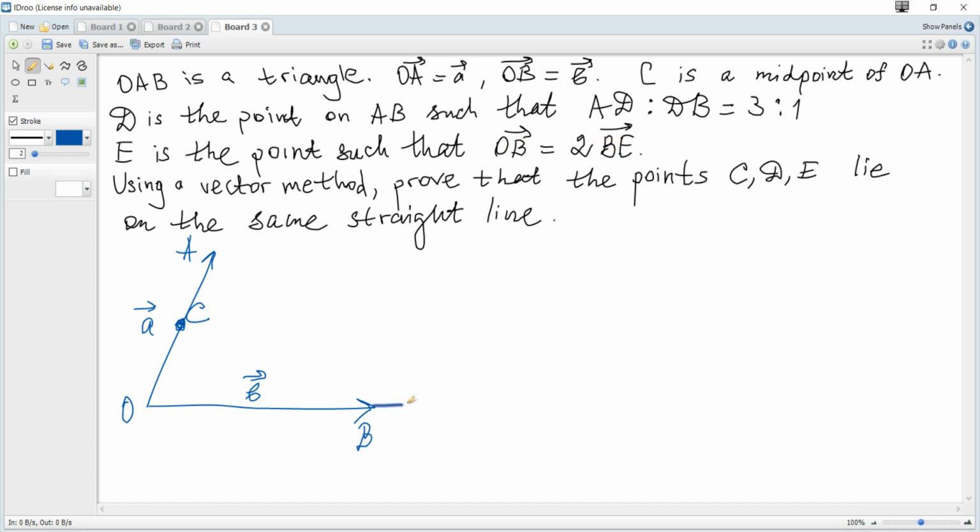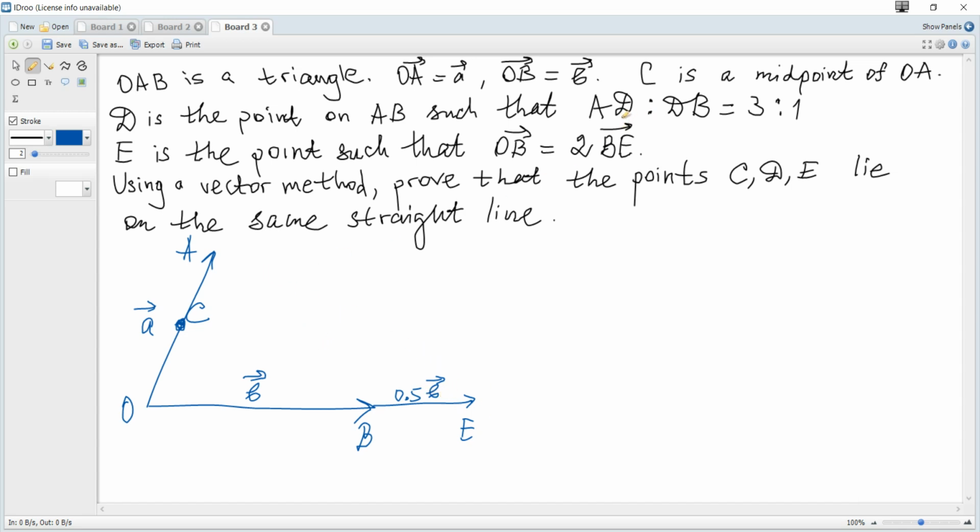So BE looks like this, vector B, and since it's in the same direction as OB and is 2 times shorter, we can write that it's 0.5 multiplied by vector B. Same direction, but 2 times smaller.